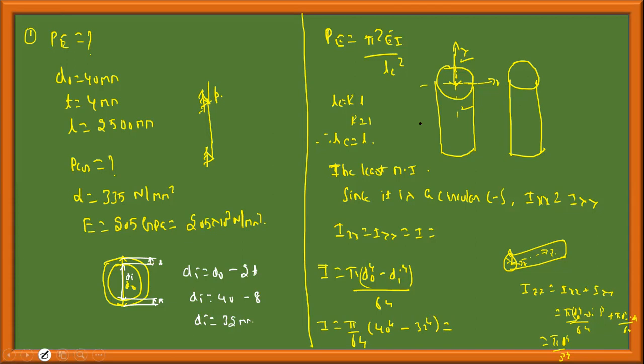Sir, is it divided by 84 or 64? 64. Okay, that you should remember: pi d power 4 by 64, pi d power 4 by 32, bd cube by 12. 74.1918 into 10 power 3. What is the unit?